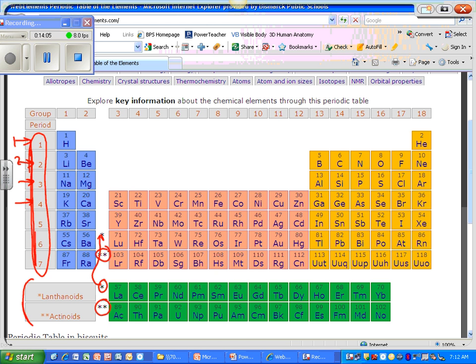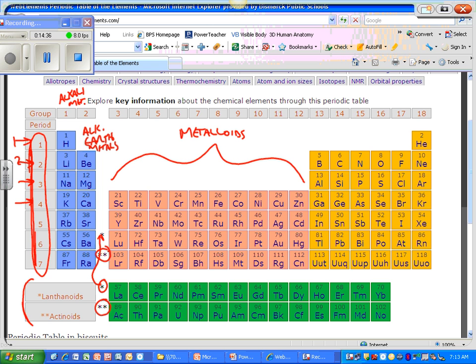This group right here is called the alkali metals. That's group 1. Group 2 is the alkaline earth metals. Columns 3 through 12, okay, these are called the metalloids. Okay, we don't really worry about 13, 14, 15.